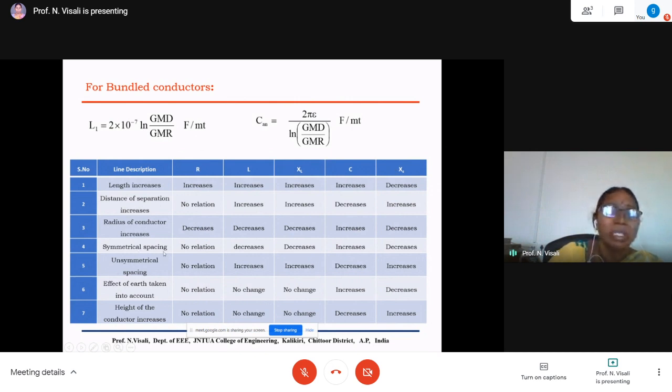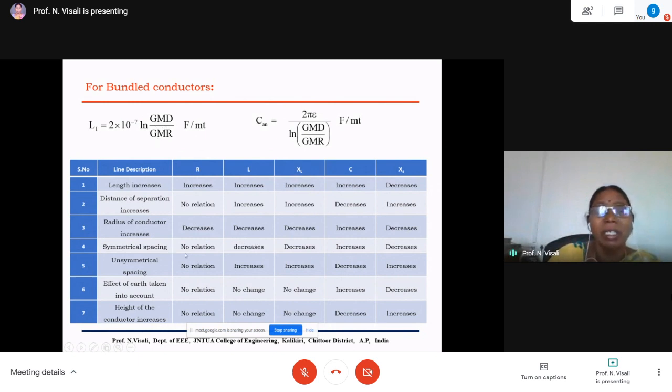Then symmetrical spacing. Symmetrical spacing means the three phases' conductors are symmetrically displaced. Resistance will not have any relation with the symmetrical distance, and the inductance decreases, because you know very well that the GMD and GMR values will be modified.